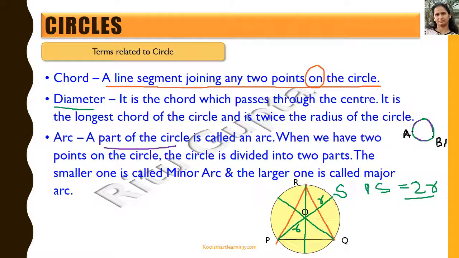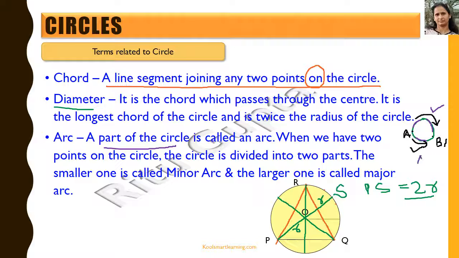So now if we have these two points on the circle, we have this arc AB and this arc AB. The smaller one, this one, is the minor arc, and this is the major arc.